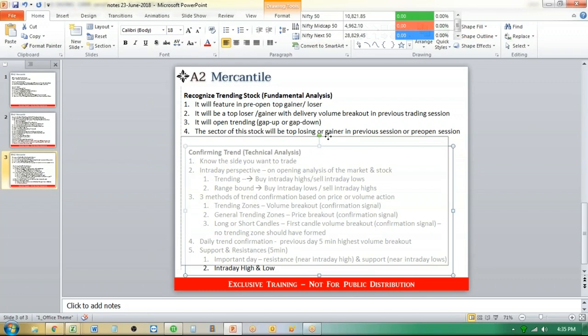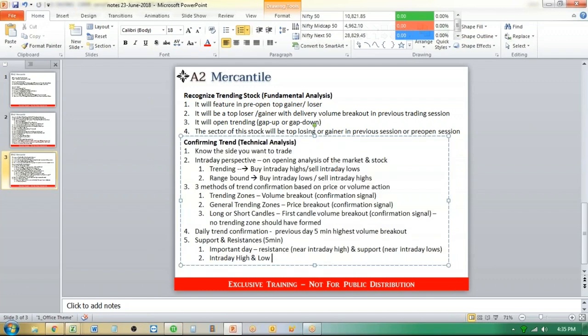The last one in trend confirmation I have taught you was the step up or down method. You remember, I taught it in one of the videos, you can revisit.